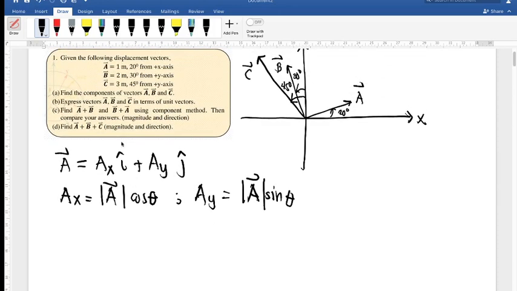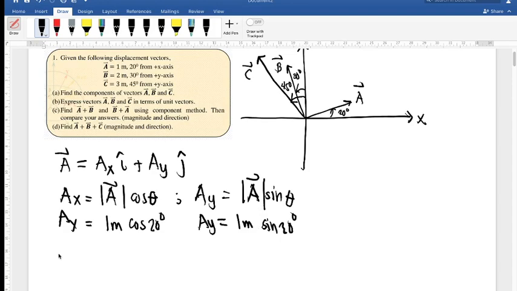What is the magnitude of your A? That is 1 meter, and your theta is 20 degrees. So we just have to substitute. The magnitude of A is 1 meter, and the angle is 20 degrees. So this is your A_x. Your A_y is the same, we have 1 meter times sine of 20 degrees. So what are your A_x and A_y?